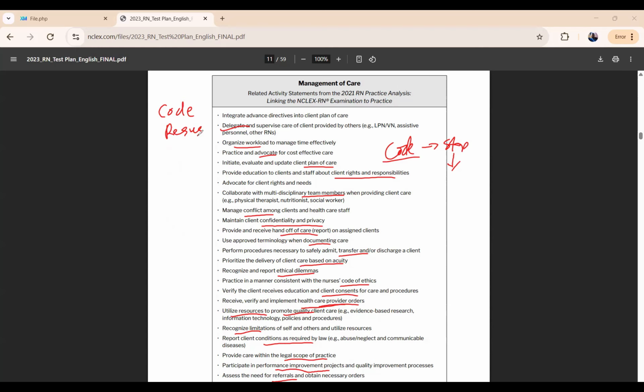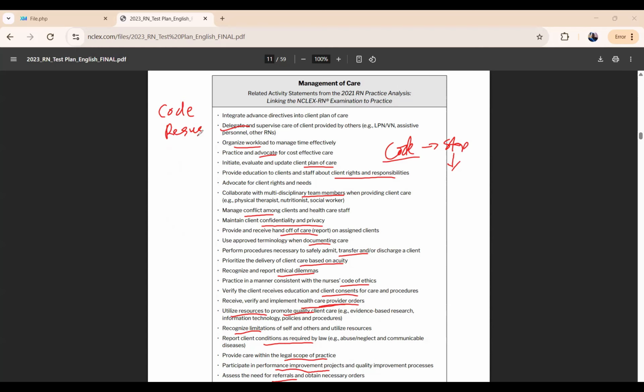Now you said the family member came in and said they should stop it. So that's what I'm asking you. Did that question tell you that this patient has an advance directive that said do not resuscitate? Yes. So they said they should not. So why is the staff member not doing a code for them?